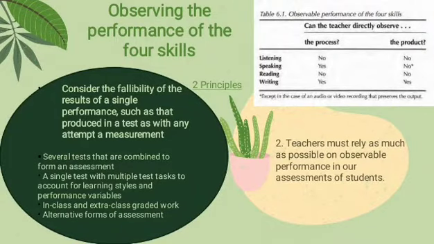And next, observing the performance of the four skills. When you are assessing your students, sometimes it is difficult to know exactly what you should assess. This is why I will try to cast light on the topic based on Brown's book on language assessment.